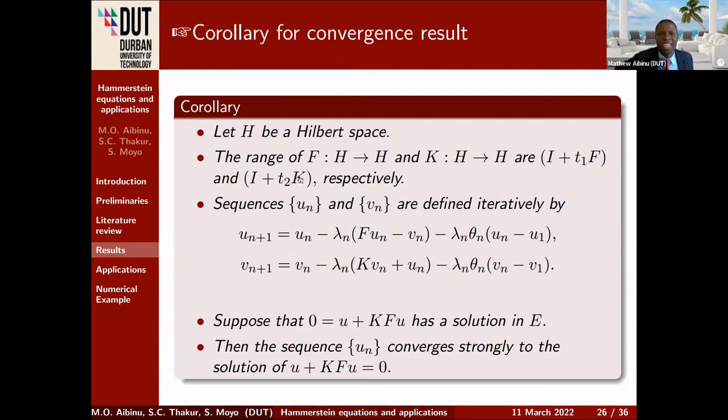Given the Hilbert space H, the range of F and that of K are given by this and this respectively. Then we define the sequences U n and p n by this. Suppose that this has a solution in E. Then we establish that the sequence U n converges strongly to the solution of the Hammerstein equation.